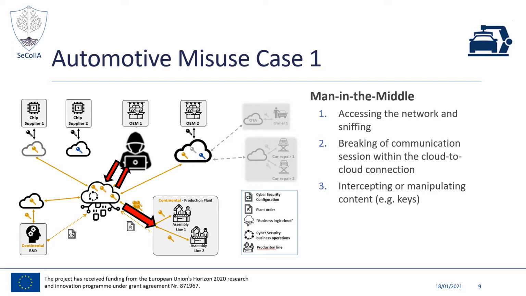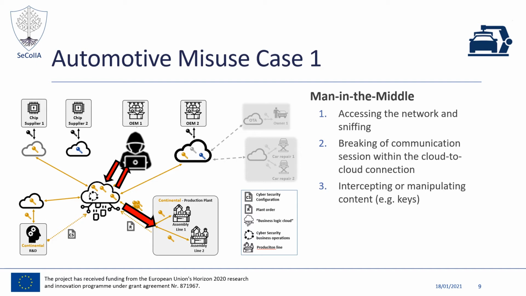As you can see, a man-in-the-middle attack means that someone got access to the whole network and to the whole use case, and with that access, the attacker starts sniffing, starts watching what is going through the network, what is going through the business cloud inside this use case.